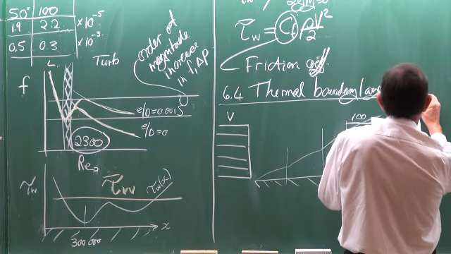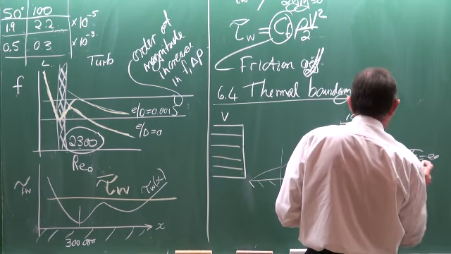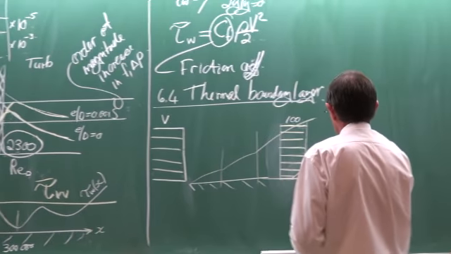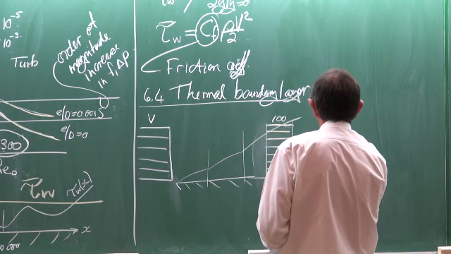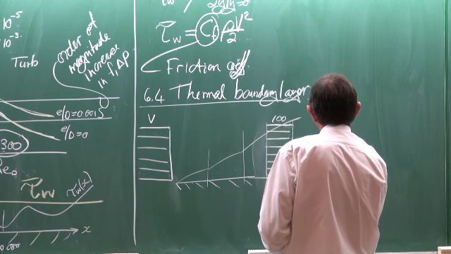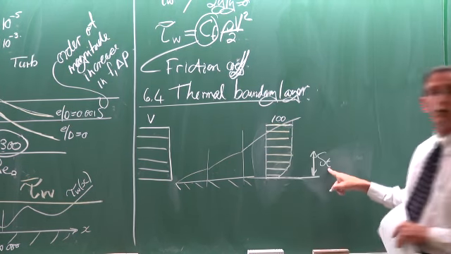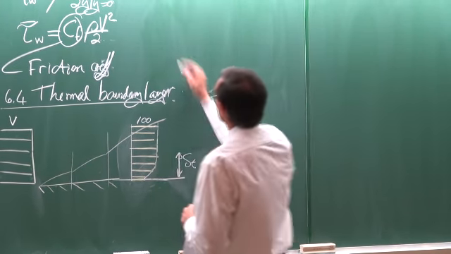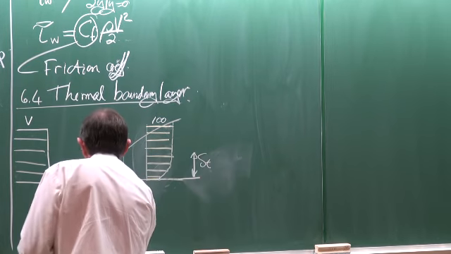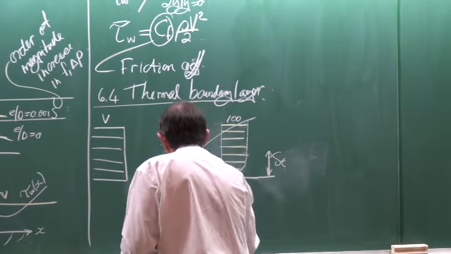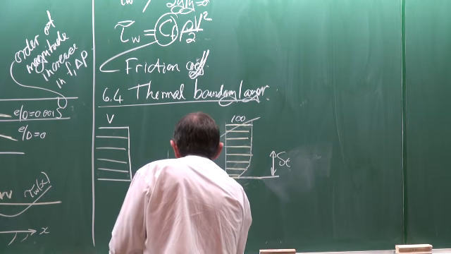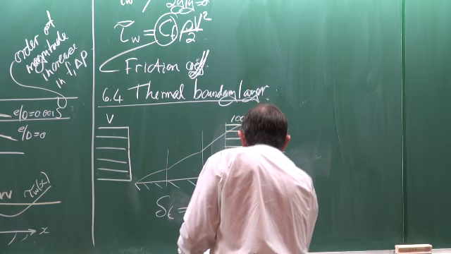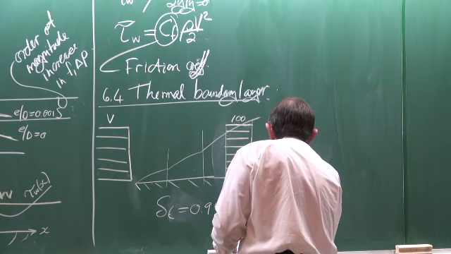So what we do is say that this one is now called the thermal boundary layer thickness, and it is equal to 0.99 multiplied by T infinity minus Ts.